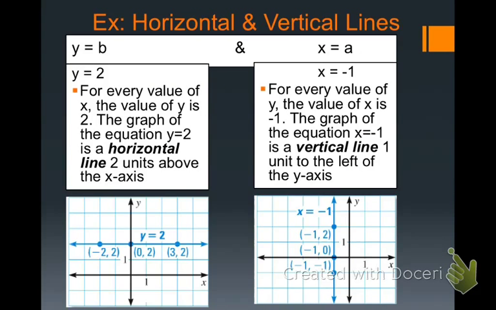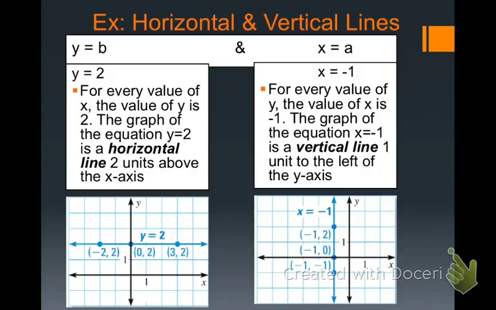Okay, so with graphing equations, we have two sort of special cases. We have horizontal and vertical lines, and their equations are always going to look a little bit different. So a horizontal line is always going to be of the form y = b, where b is some constant. And vertical lines are always going to be of the form x = a, where a is some constant.